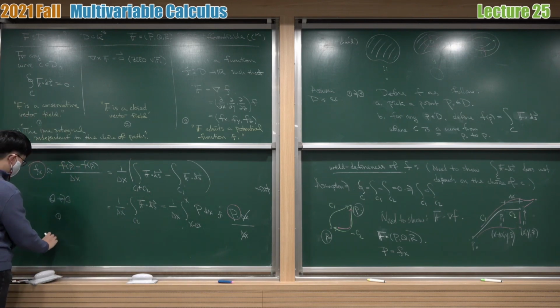Let's see, 1, 2, 3. So far we proved that 3 implies 2, right?